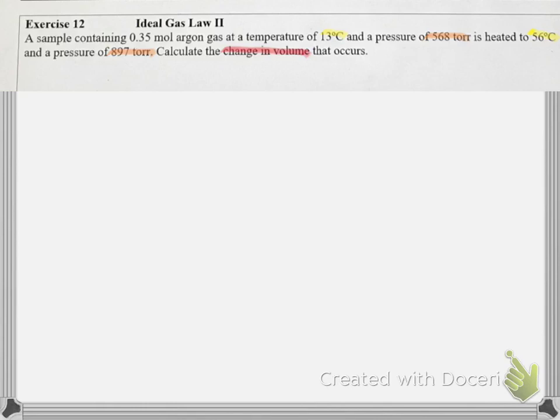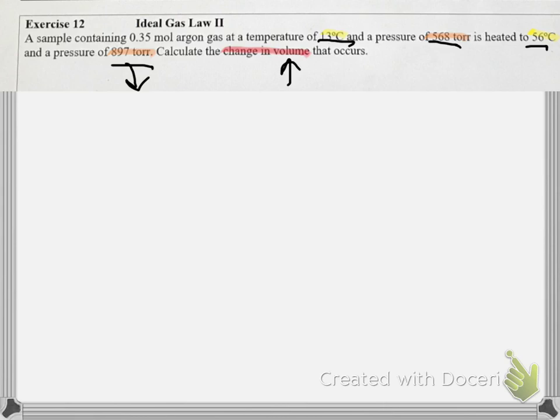Now, if I just think about it, if I am increasing the temperature, I'm heating something up, I would expect my volume to increase. But if I am increasing the pressure, making the gas more pressurized, hit those walls harder, I would expect a decrease in volume. So it's hard to know whether my volume will increase or decrease.